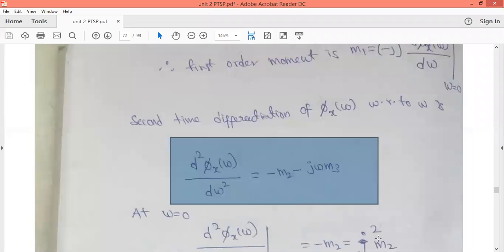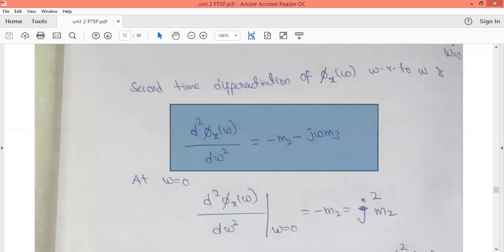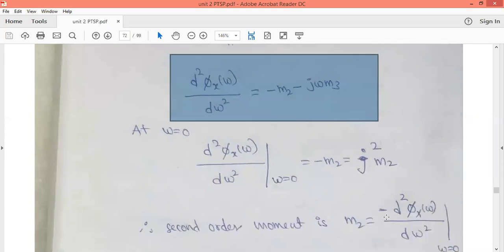Minus j omega m3. Now substitute omega is equal to 0. If you substitute omega is equal to 0, we get minus m2. What is minus? j square, no? Minus is nothing but j square m2. Now m2 will be minus j square d square phi x of omega by d omega square, where omega is equal to 0.